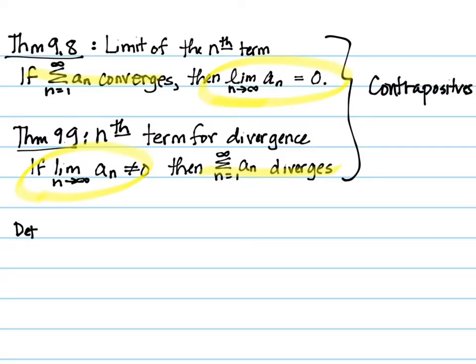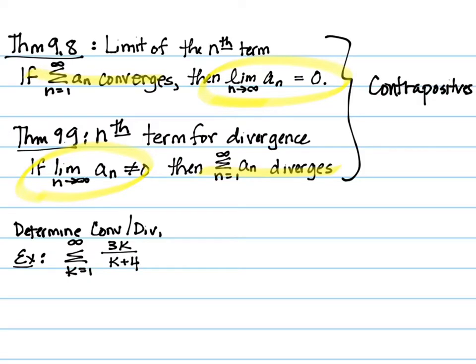So determine convergence or divergence. And the example we're going to do is the summation from k equal 1 to infinity of 3k over k plus 4. When you look at the 3k over the k plus 4, first of all, you should say it's not geometric.